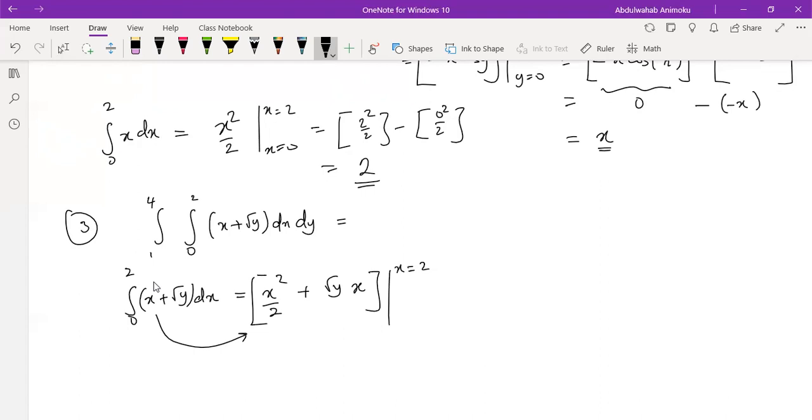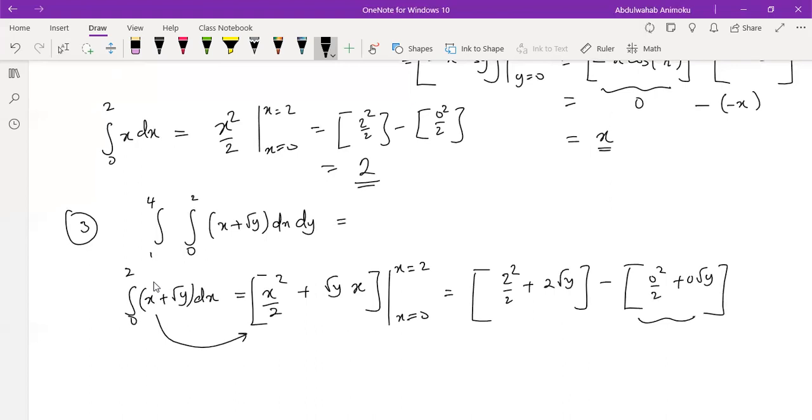X equal to 2, x equal to 0. And that gives us 2 squared over 2 plus 2 root y minus 0 squared over 2 plus 0 root y. So the second part is 0. So the first part is just 4 over 2, which is 2 plus 2 root y. Okay, so that is what the integral comes to.